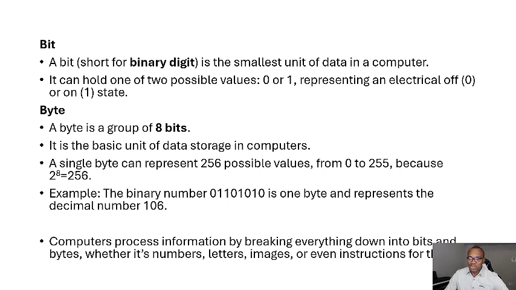The possible values are zeros and ones. A byte is the basic unit of data storage in computers. You have your kilobyte, your megabyte, your gigabyte, and so on. And a single byte can represent 256 possible values, from 0 to 255.